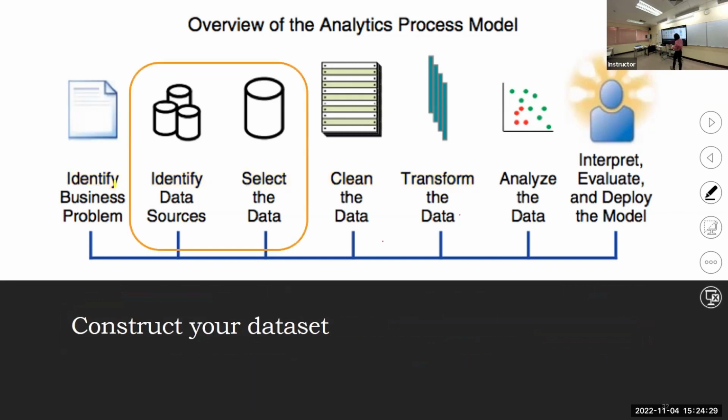But anyway, when we deal with the data, of course, data comes from these first 2 steps. Once you understand the business, then you can identify what sources of data you need. How do you construct a data infrastructure to store all the needed data to support the business?